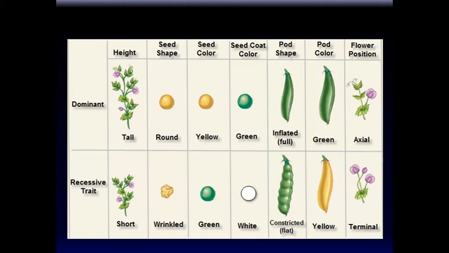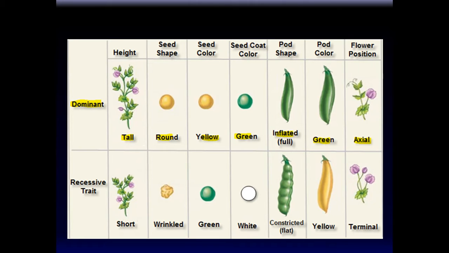In this way, he worked out the genes for the 7 traits that he studied, and he noticed that the dominant traits were being tall, round, yellow, with the green coat, inflated pod shape, green pod color, and axial flowers. These were the dominant traits, and their complementary traits were recessive.